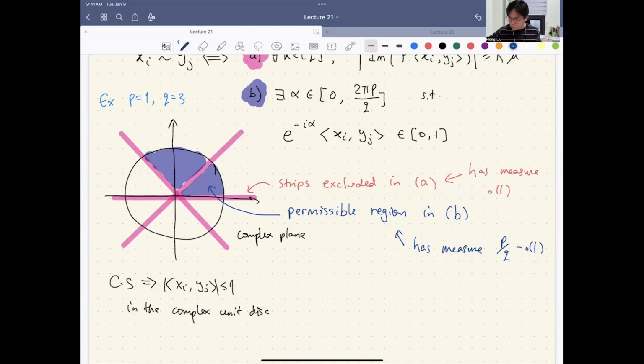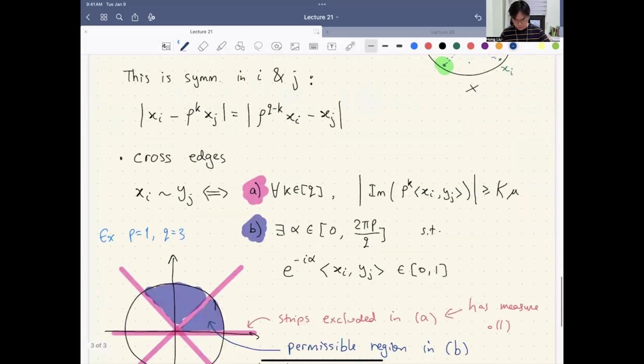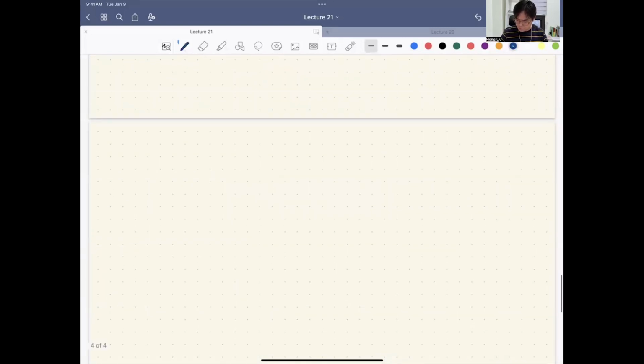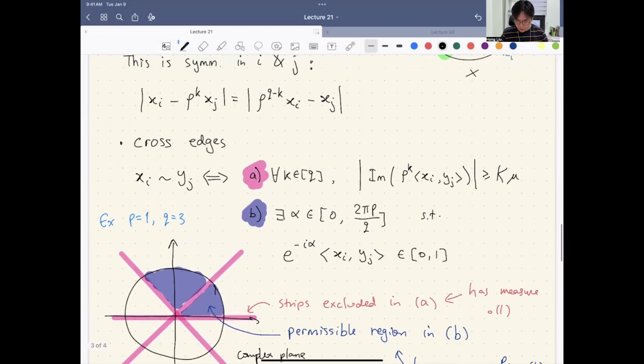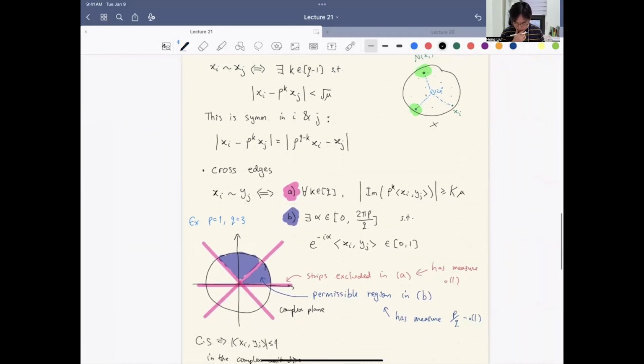Now we need to prove some properties of this construction.